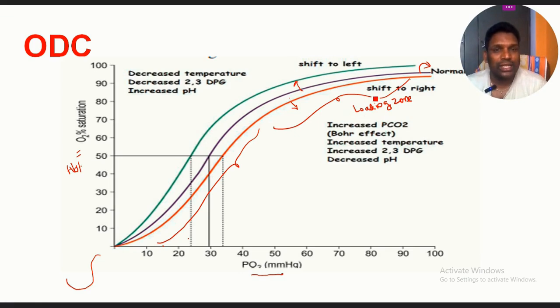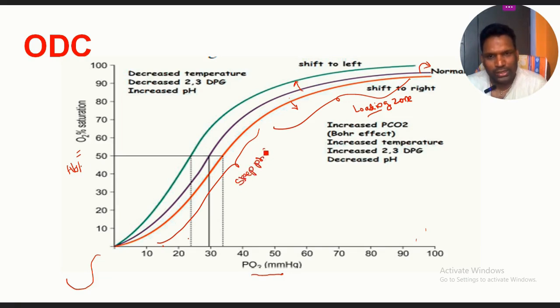We divide the curve into 2 zones, the upper zone and the lower zone. The upper zone is known as the plateau, or loading zone. The process of uptake of oxygen in the lungs is indicated by this zone.